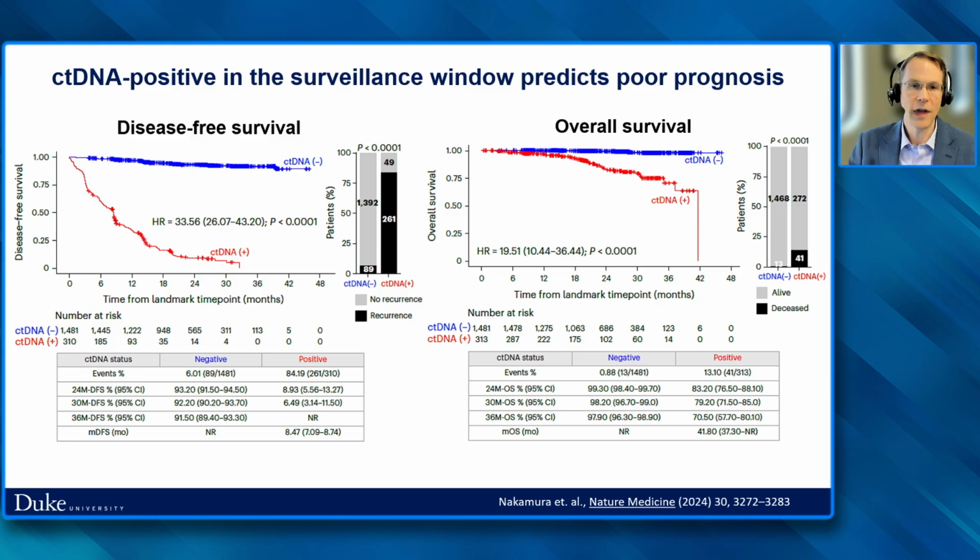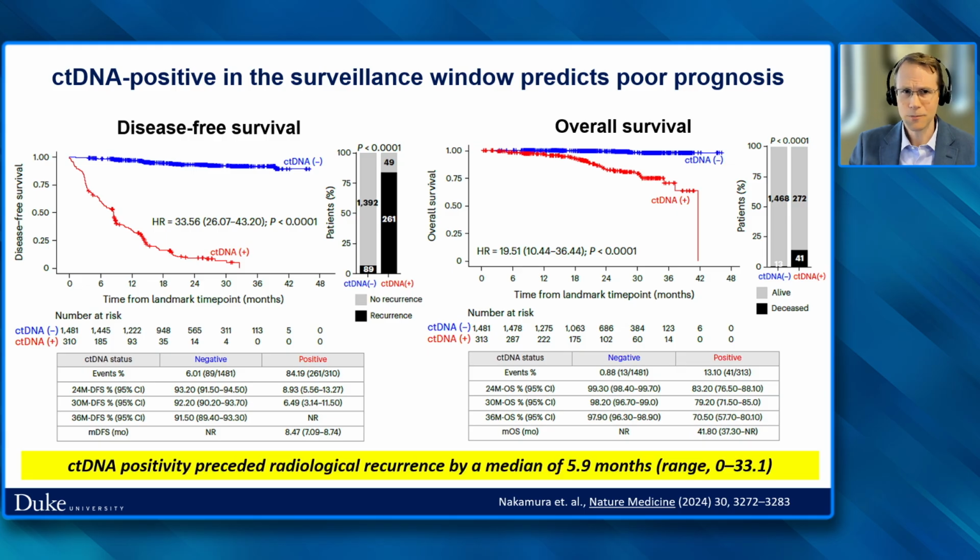We can see here the hazard ratio for recurrence is nearly 34-fold greater risk of recurrence if you're positive during this window compared to if you're negative. It's really impressive looking at that 2-year disease-free survival. It goes all the way from 93% for a negative down to 9% for a positive. And we also see a gap in overall survival as well. That's, I would call, statistically significant and clinically meaningful.